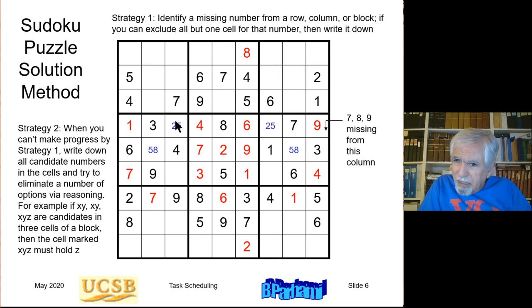So I can't decide at this point. Similarly, 5 and 8 are missing from this middle row. So I write 5, 8 here. Neither 5 nor 8 is inconsistent with anything that appears there. 5, 8 here. So I leave this for later resolution. This is just a notation to remember that the only 2 options there are 5 and 8.